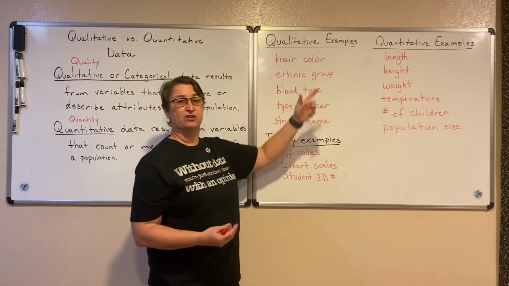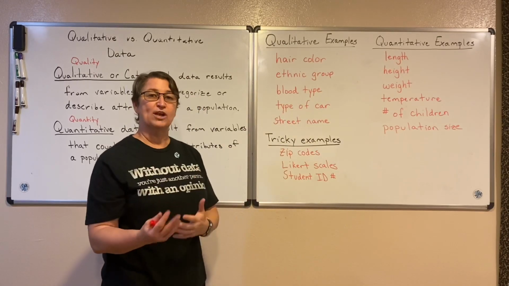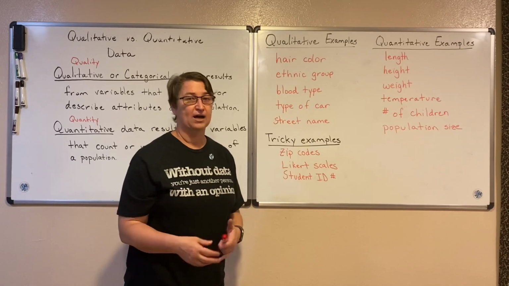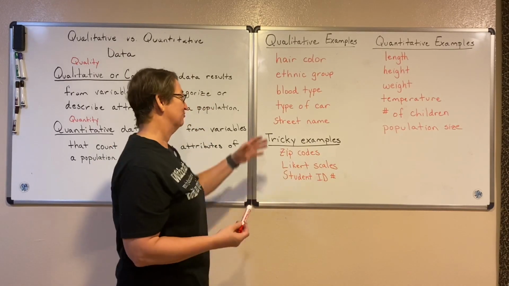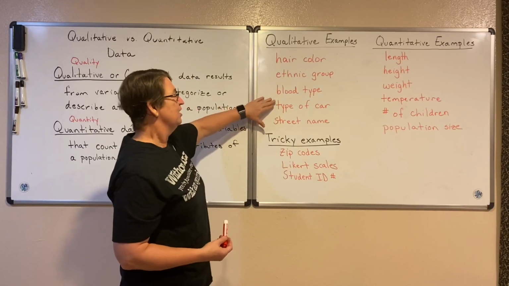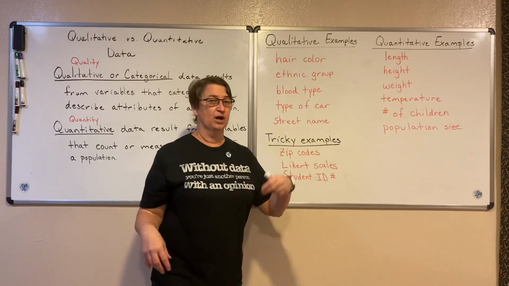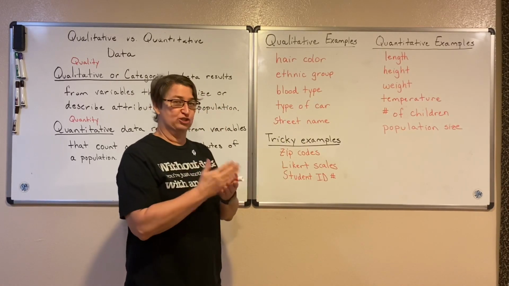Ethnic group is another example of that. Blood type. When you answer what is your blood type, you're going to answer with an A or an O positive, or maybe it's A positive and O and B minus, whatever your blood type is. The type of car that you drive, a Toyota or a Ford or a Honda, those are words that you're giving me back.